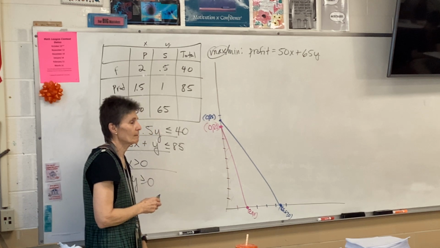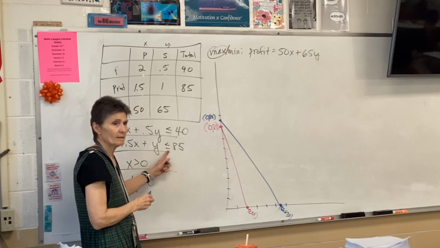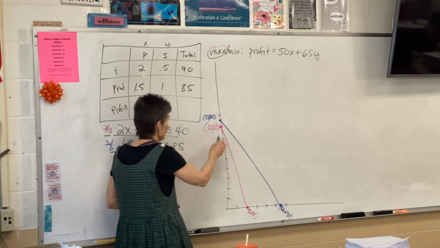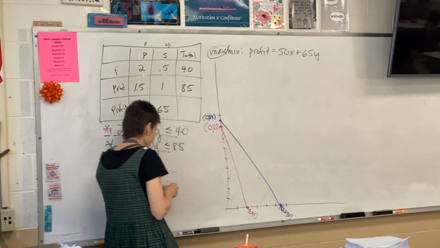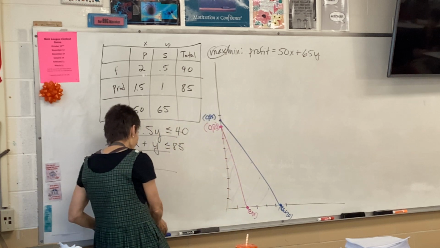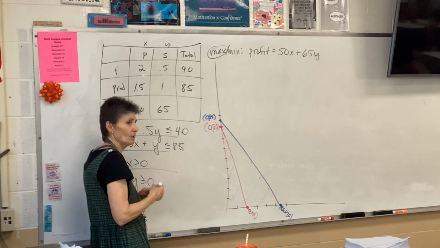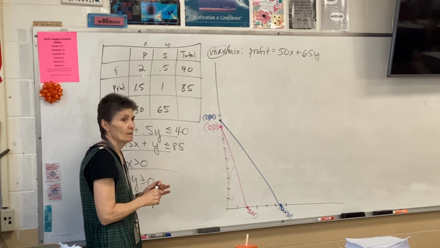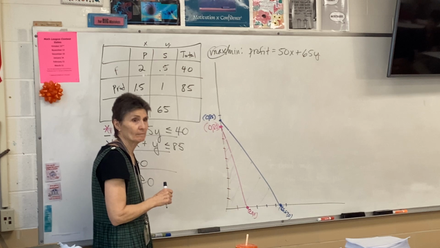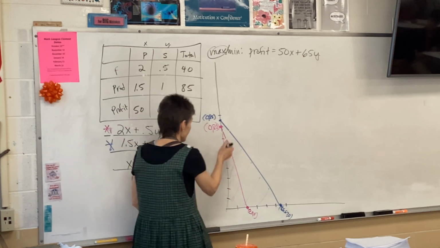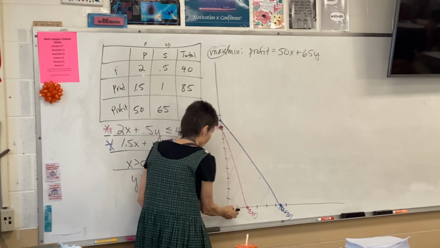This is interesting. Where's that one shaded? Below. So what's the overlap this time, guys? If I have to be below the pink and below the blue, isn't that just the pink triangle? Isn't this the overlapping part?